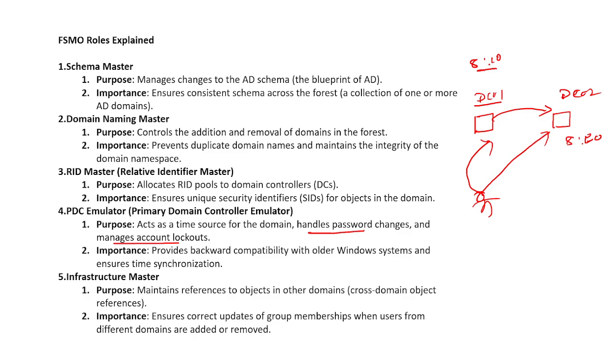Okay, and then the next FSMO role is the infrastructure master. The infrastructure master will have the cross-domain object references, meaning you have multiple domains.